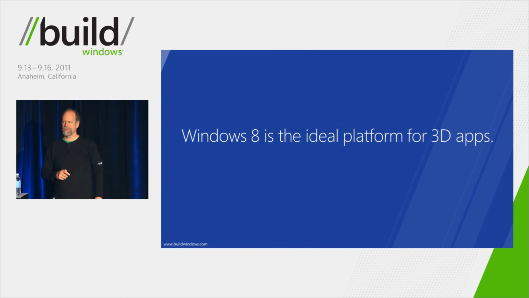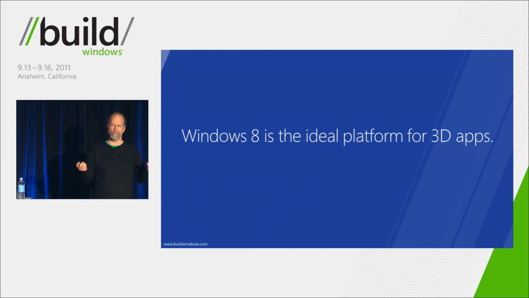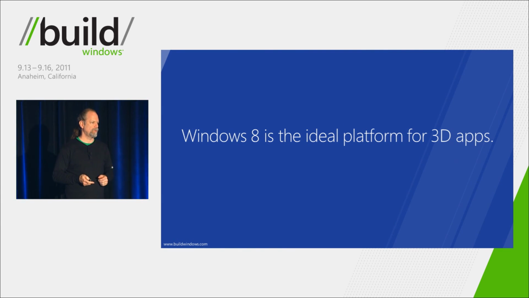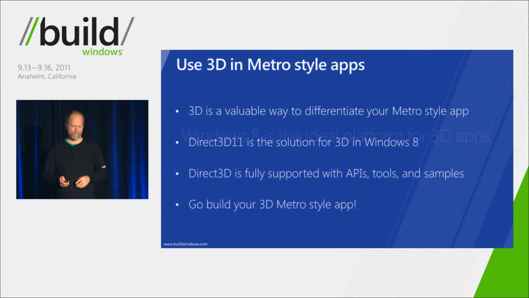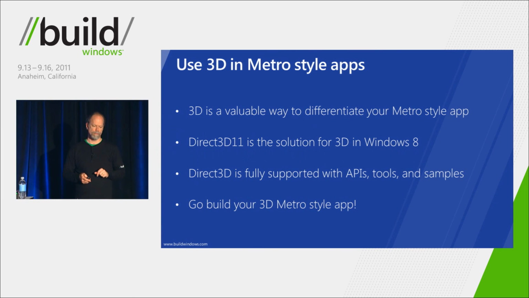Okay, so the conclusion I'm trying to convey here is that you want to make your application 3D to differentiate it from all the others out there, and fortunately, because of our efforts, Windows 8 is the ideal way to do that. We have all the pieces that you need. So fundamentally, if you're going to differentiate your app, 3D is a really good way to do that. Direct3D is the solution for 3D in Windows 8.